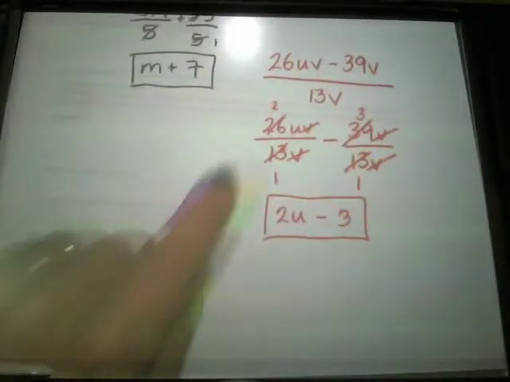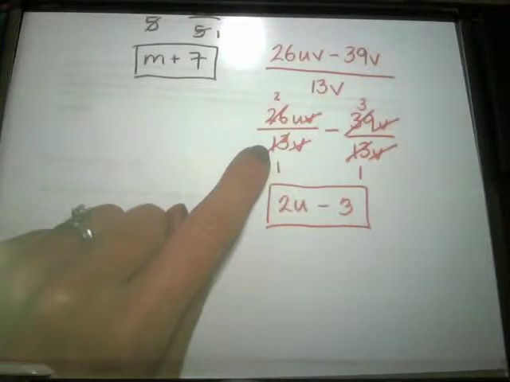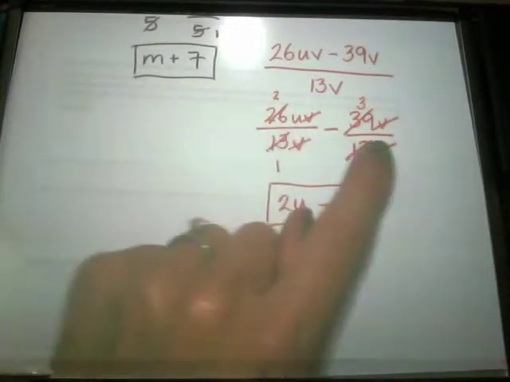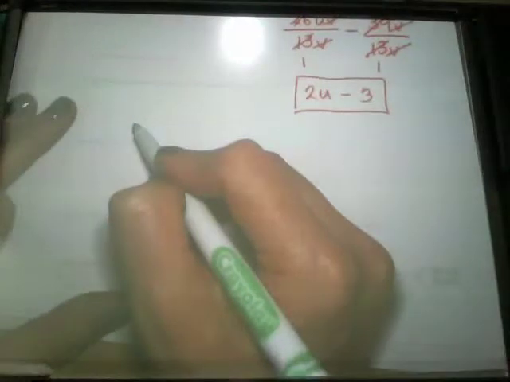Okay, now, I've been showing it where you break them apart into separate pieces. I'm going to do one more that way, and then I'll show you how you can make it into a shortcut.